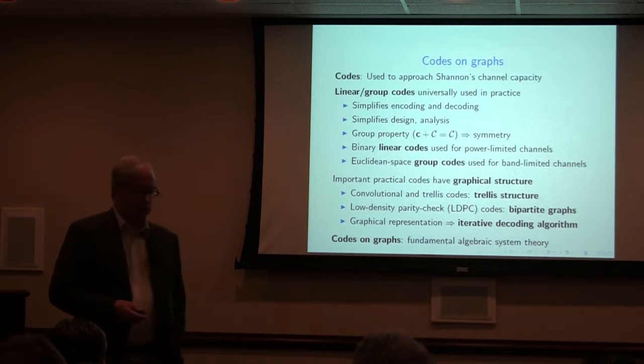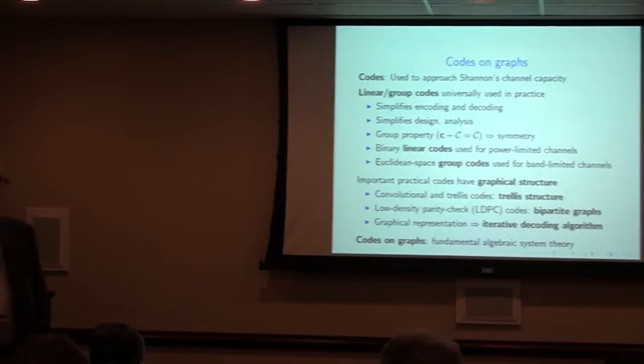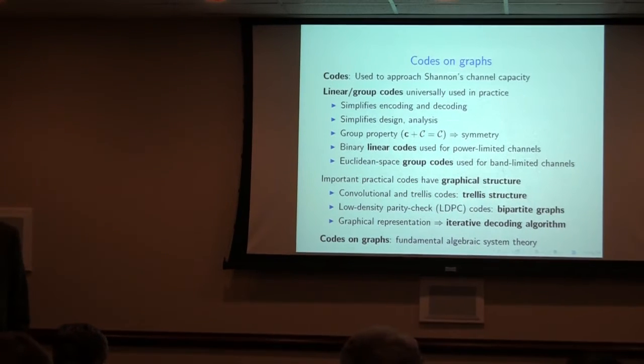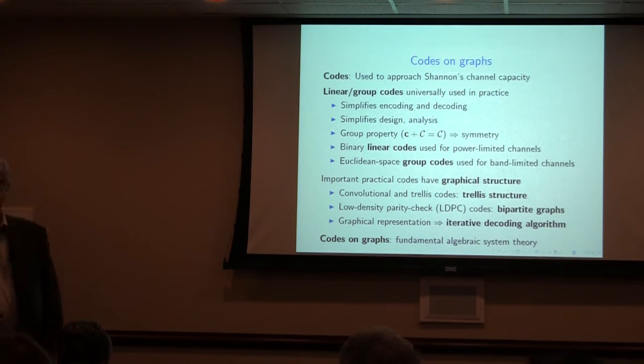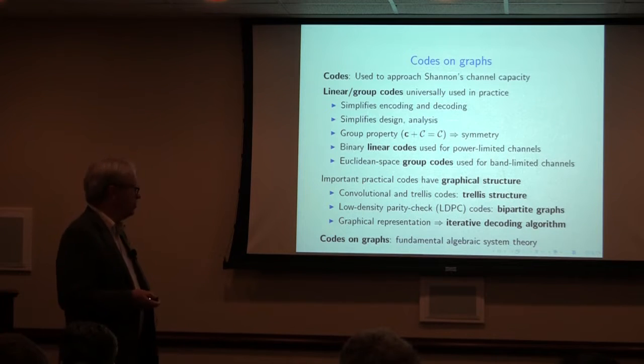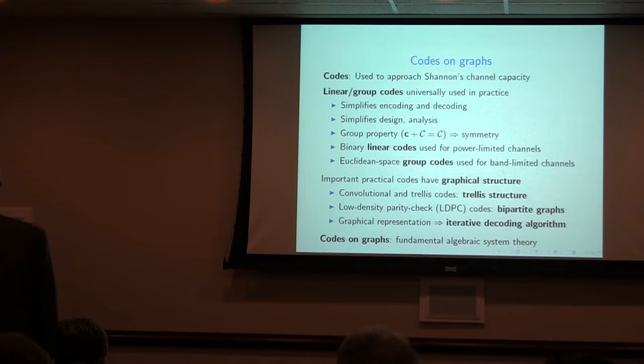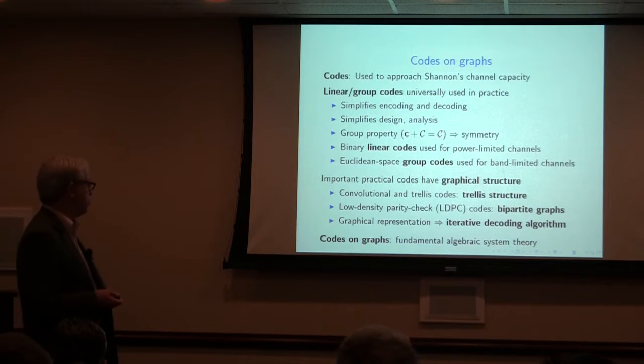At a very early stage, people saw the advantages of convolutional codes, later generalized for the Euclidean space channel to trellis codes. I don't know what range of backgrounds we have in the audience, so I'm not going to go any deeper in any of this, but these codes have the structure of a dynamical system, a state-space dynamical system, which in coding theory we call a trellis structure, and they're sometimes represented by a trellis diagram.